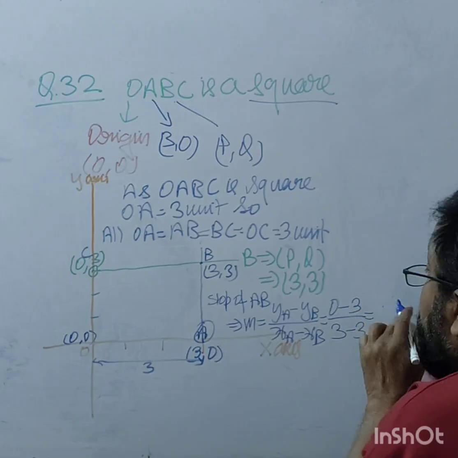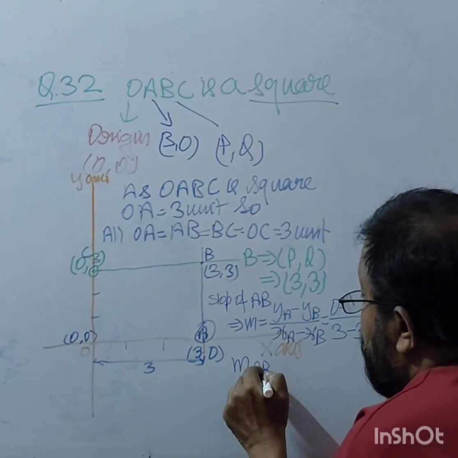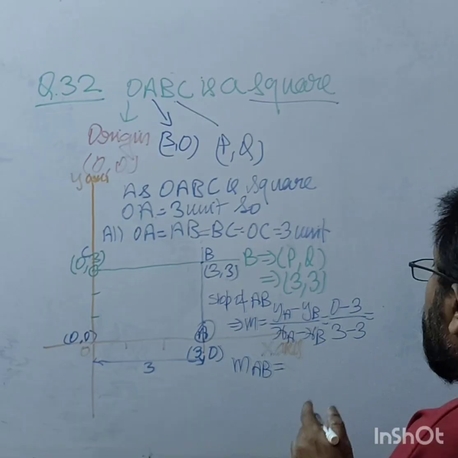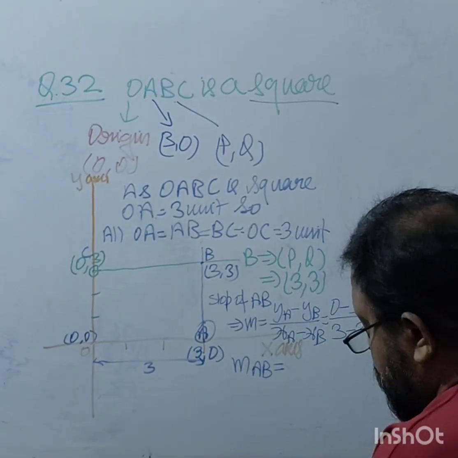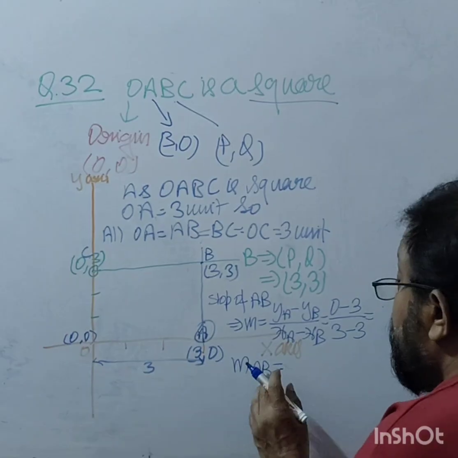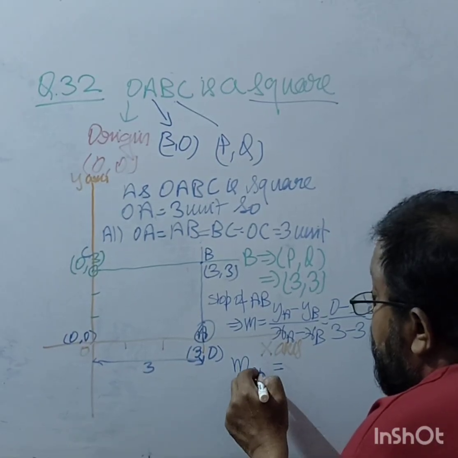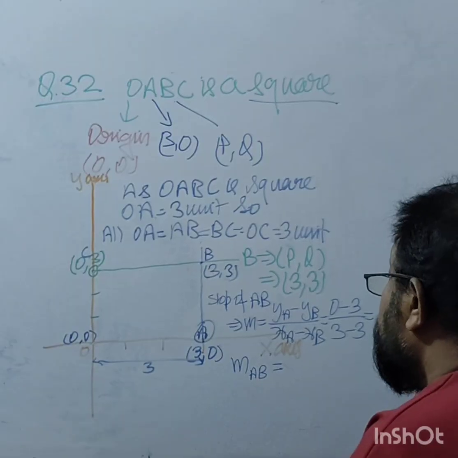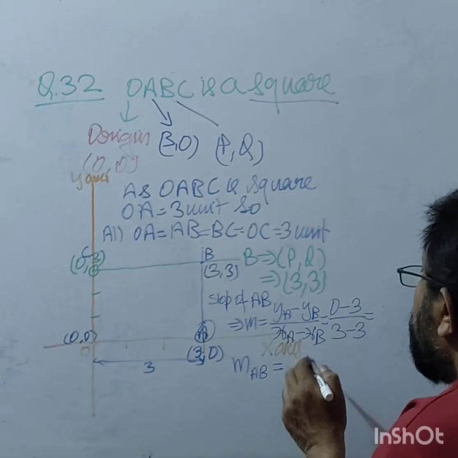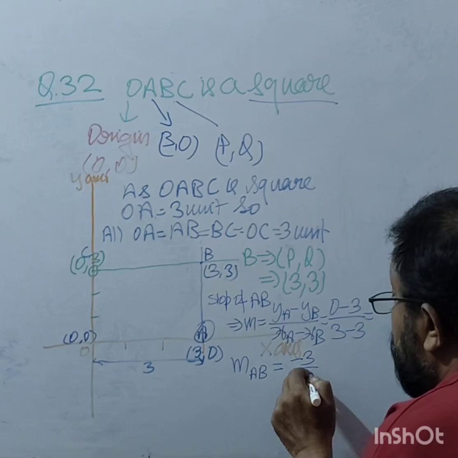So slope of AB is equal to minus 3 upon 0.